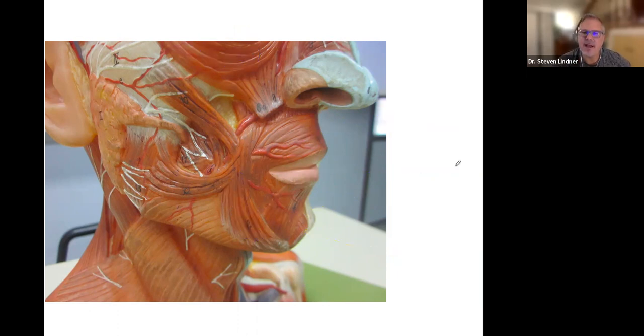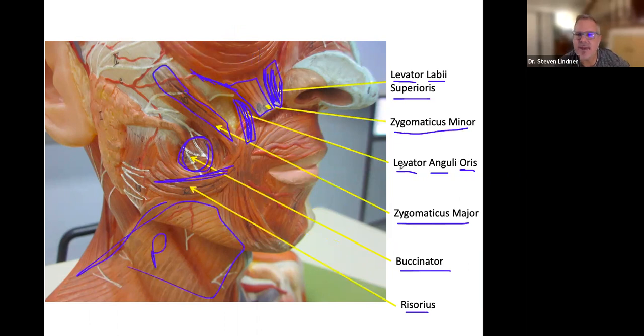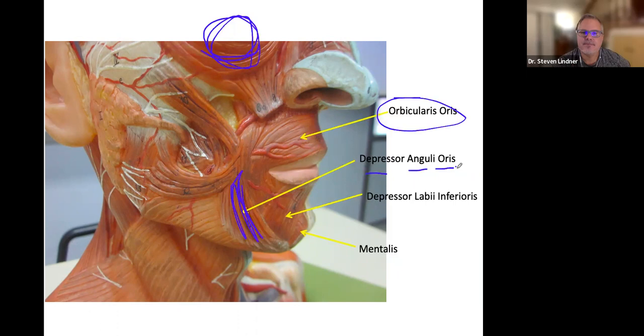Remember, on the top side, there was a levator anguli oris. Right? So the levator was on the top, and then the depressor is on the bottom. That would make sense, right? Depression has to be inferior. Levators have to be superior.